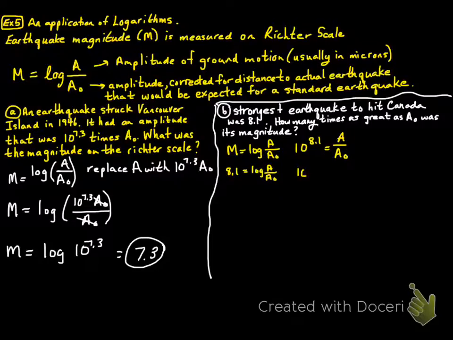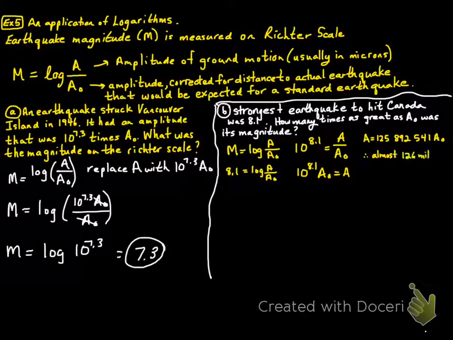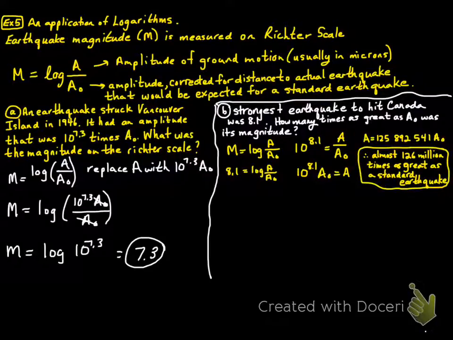Multiply both sides by A0, and you're going to find that A is going to equal 10 to the power of 8.1 times the expected standard earthquake. And that is going to be 125,892,541 times the expected standard earthquake. Therefore, it's almost 126 million times as great as a standard earthquake.